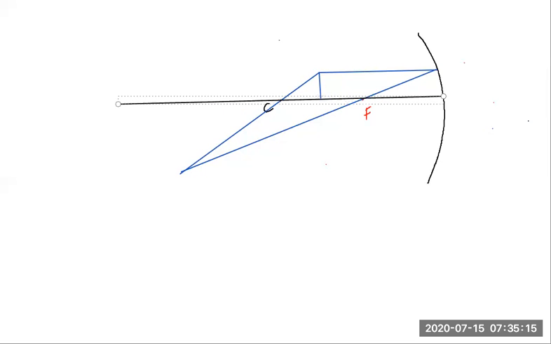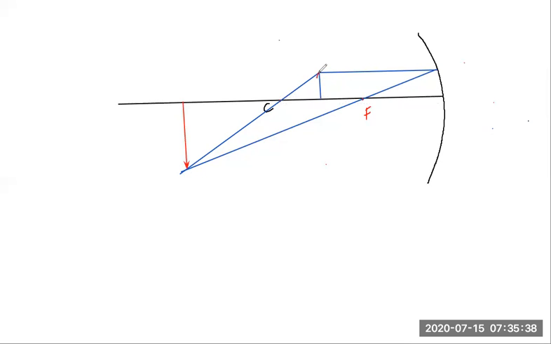You will come to know where the image is: you just draw an arrow from this point to this point. This is the image. Very interestingly, you need not remember, you can see that the size of the image is more than the size of the object.